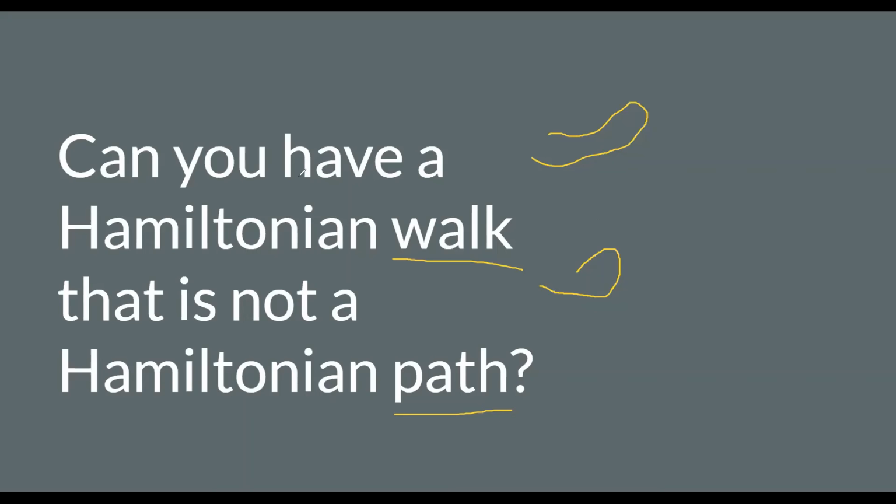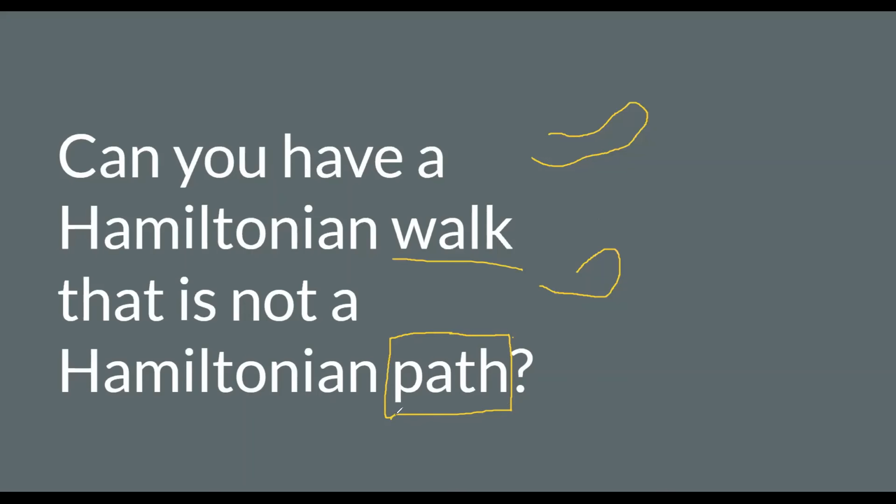That's true. So thinking about this, if you had a Hamiltonian walk that is not a Hamiltonian path, that would mean that you would have a Hamiltonian walk that does visit a vertex multiple times.